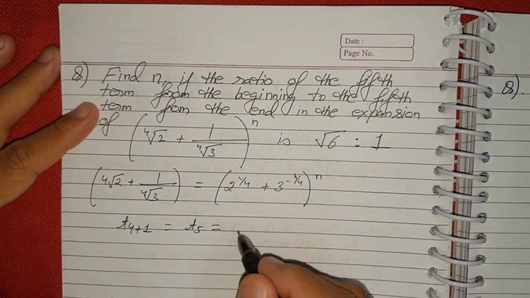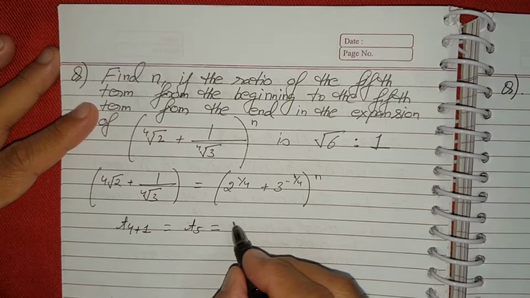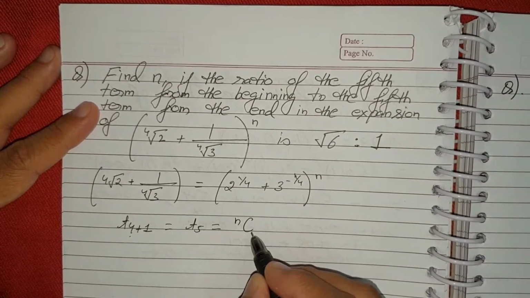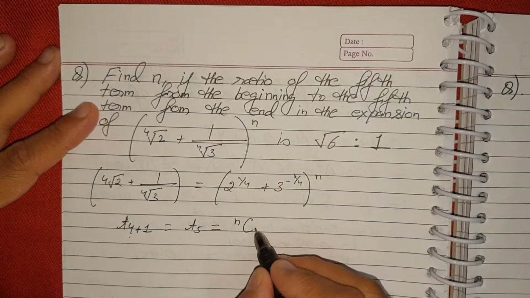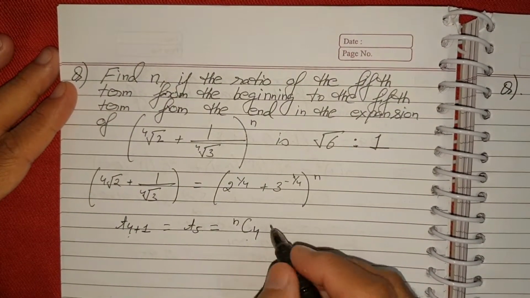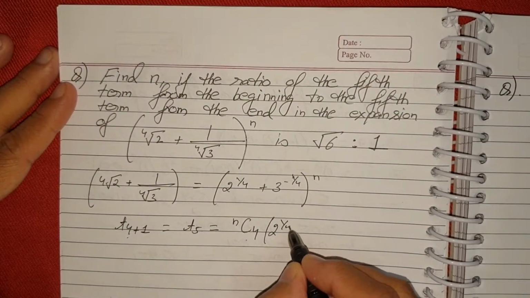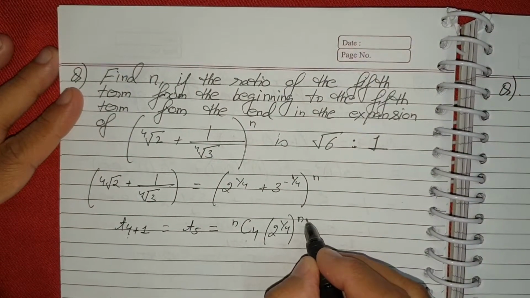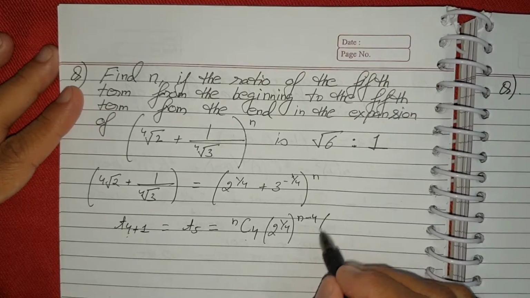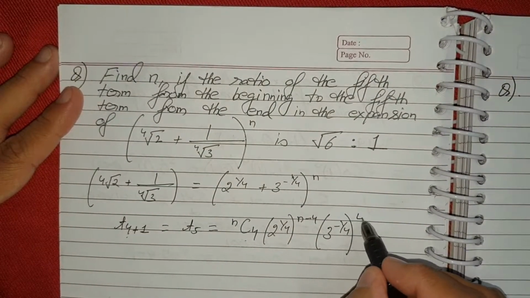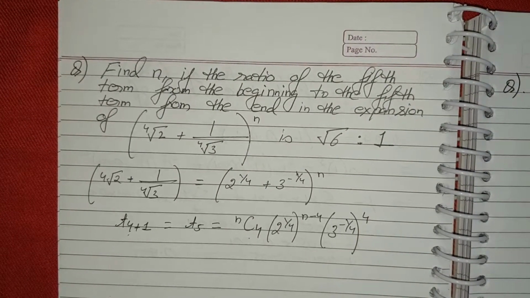So now r value is 4, so nC4, 2 to the power 1 by 4 to the whole power n minus 4, and then 3 to the power minus 1 by 4 to the whole power 4, because here r is 4.